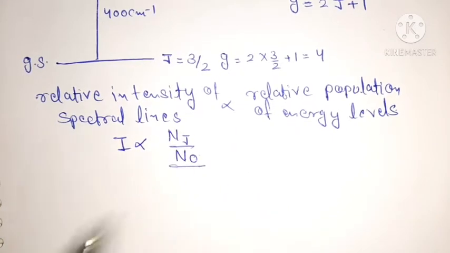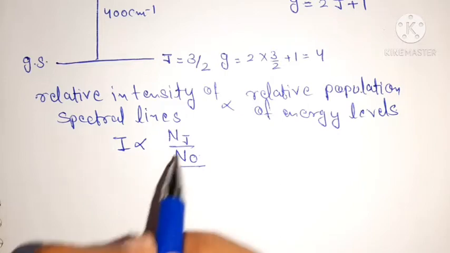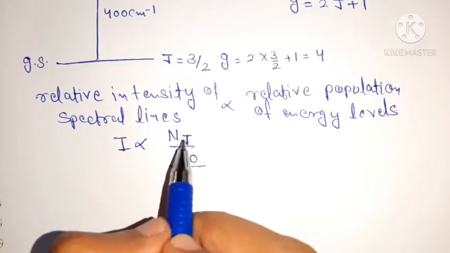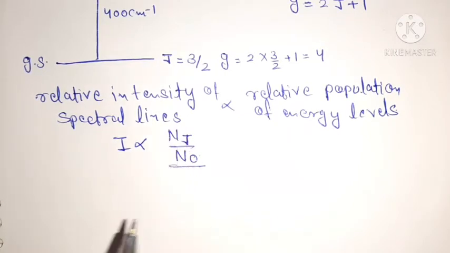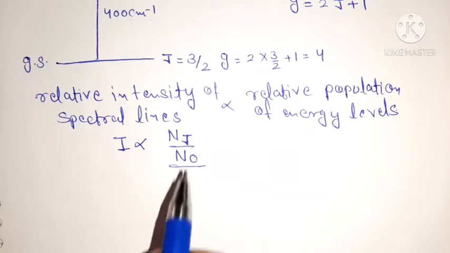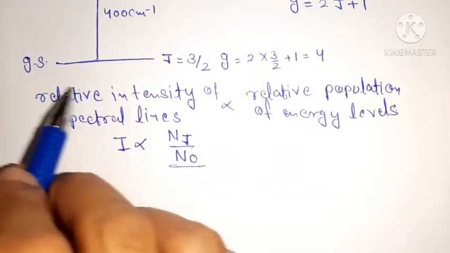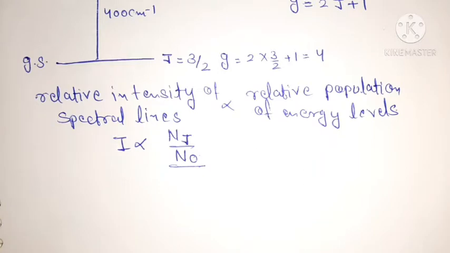This is the relative population of energy levels. This is the population of the excited level, related to your J, that is 1, 2 or another, and N_0 is the population of your ground state. This is the general formula.